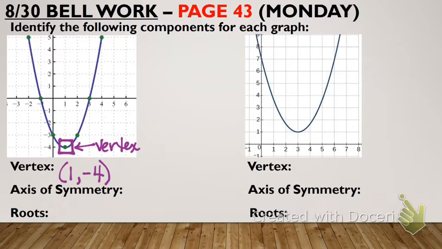Axis of symmetry. What letter do you have to make sure to start that with? With an X, yes. We have an X equals equation for our axis of symmetry. Where would we be cutting through? At 1, yes. We are going to cut through the x-axis right here at 1.